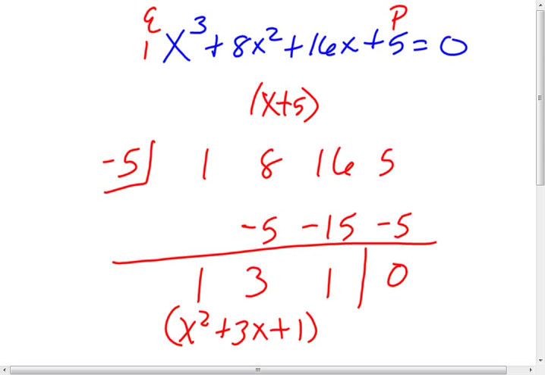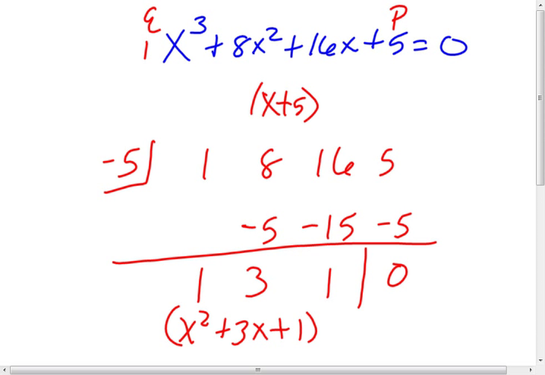Now, we want to factor this if possible. If we can't factor it, which it doesn't look like we can, then we're going to have to use not synthetic division, but the quadratic formula. Since only one of the 4 possible roots came up, that means we have an imaginary root.